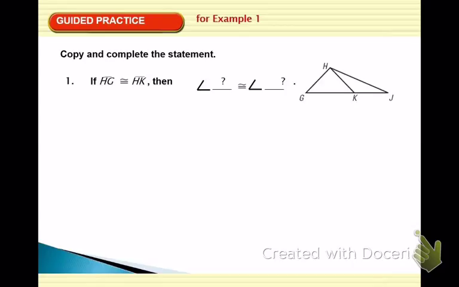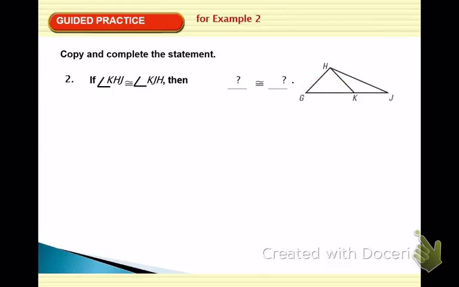Well, in this picture here, what if we knew that HG and HK were congruent? Then which angles would you automatically know were congruent? Well, this is an isosceles triangle, and the base angles are going to be congruent. So go across, and we've got angle G is going to be congruent to, we can't call that angle K, we've got to call it angle GKH. There are too many angles at K. Okay? So that's one use.